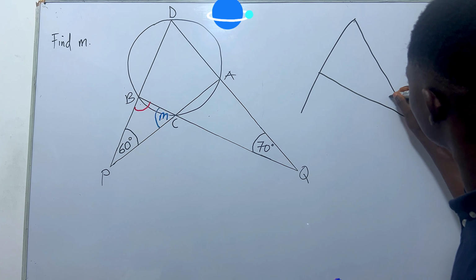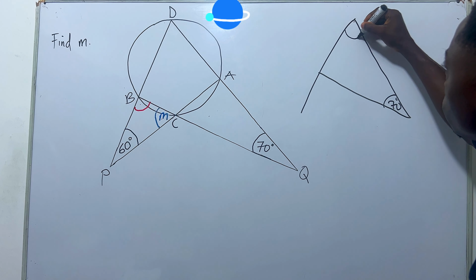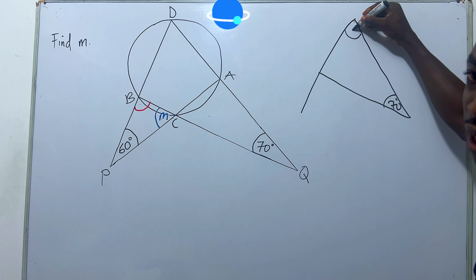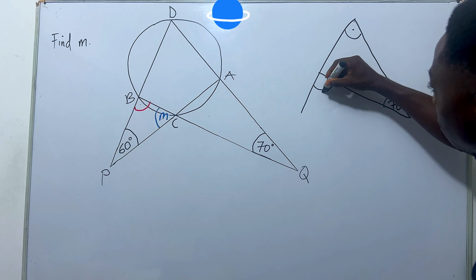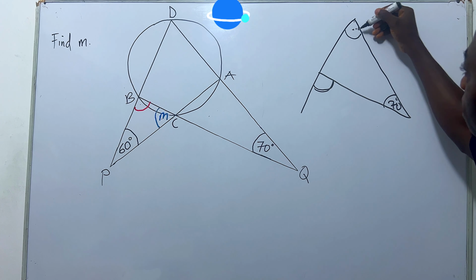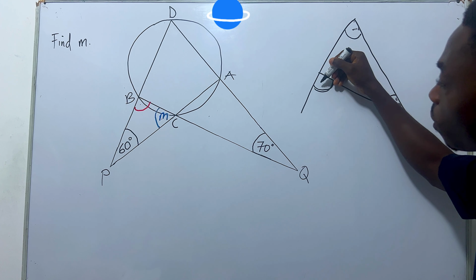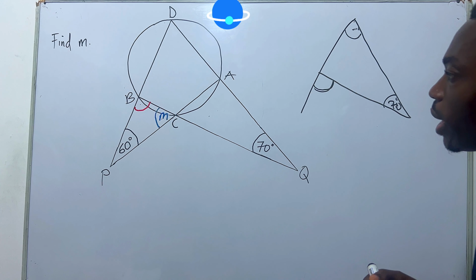This is where we have the 70 degrees, and this is where we need to determine. Once we know this angle plus this angle, it will give us this angle over here. The sum of two opposite interior angles of a triangle is equal to its exterior. As simple as that.